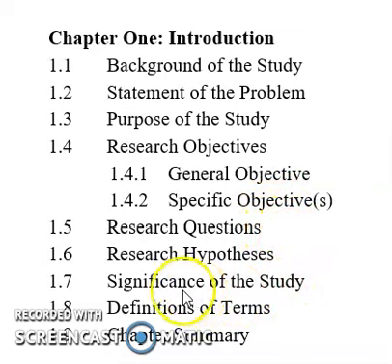Okay, and then you mention why your study is significant, that it needs to be studied, and followed by definition of terms. Here is basically the working definition, because some terms might have a number of definitions, so you need to mention what is the definition used in your study, and followed by the chapter summary.